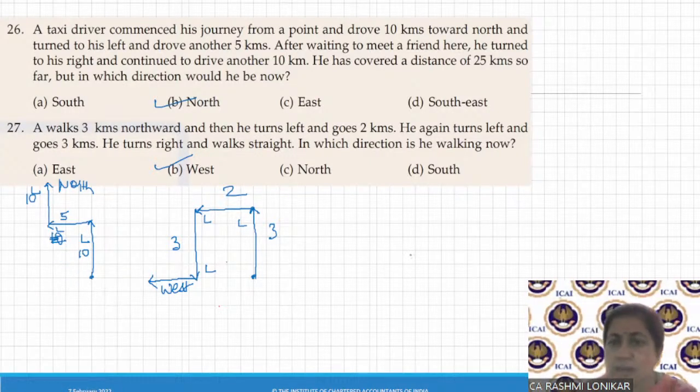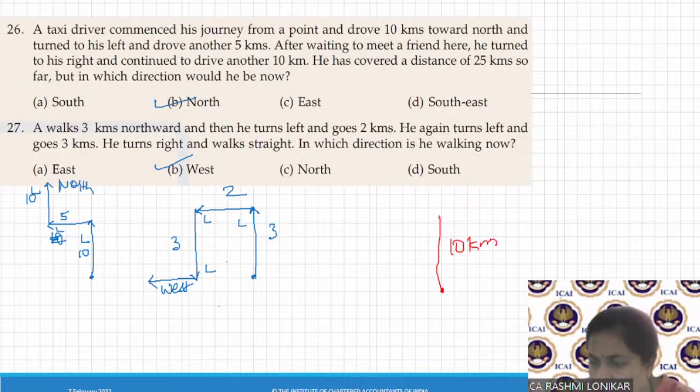Okay, 26. A taxi driver commenced his journey from a point and drove 10 kilometers to the north. He is standing over here, going 10 kilometers to the north, and then turns to his left. So this is his left. He drove 5 kilometers to the left.